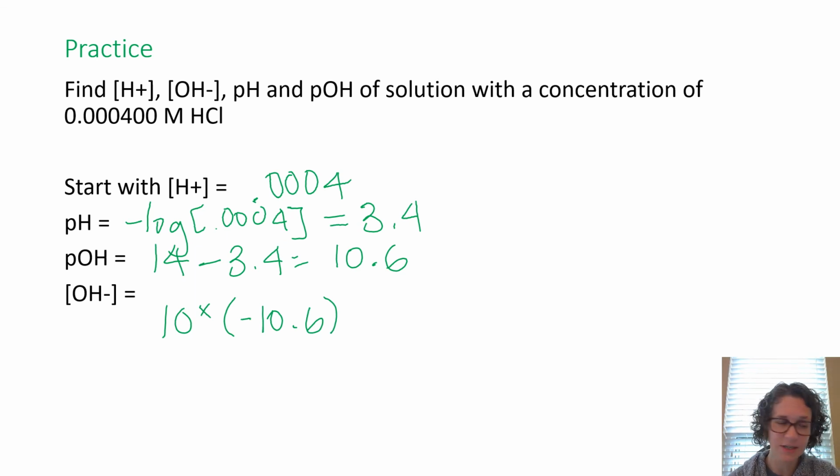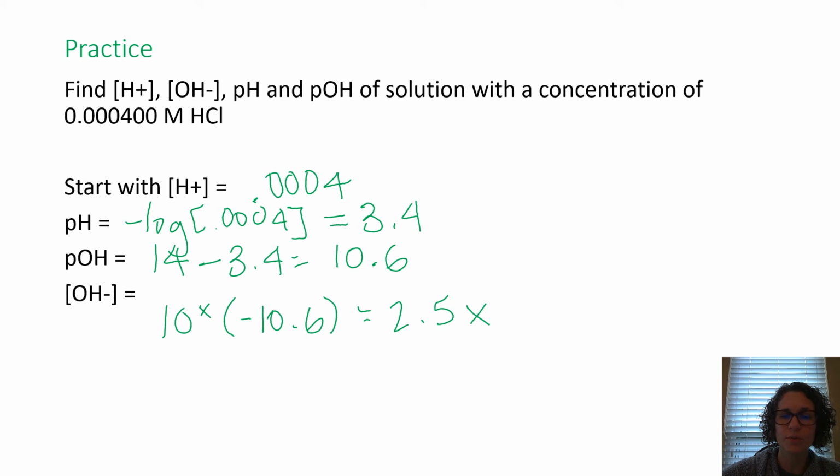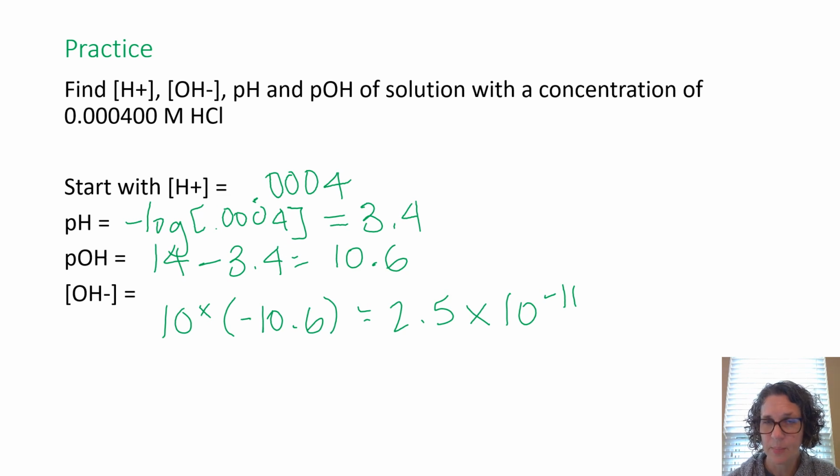Punch that into your calculator, and it may take you a few times just to make sure you get the process right. You're going to get 2.5, and I'm rounding, so it may have a few more decimals, but 2.5 times 10 to the negative 11. So these are for you to practice on. Make sure that you know how to use your calculator and which way to plug stuff in.